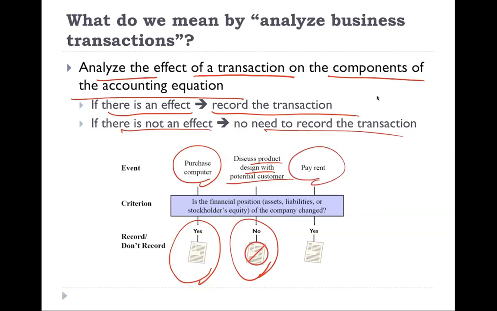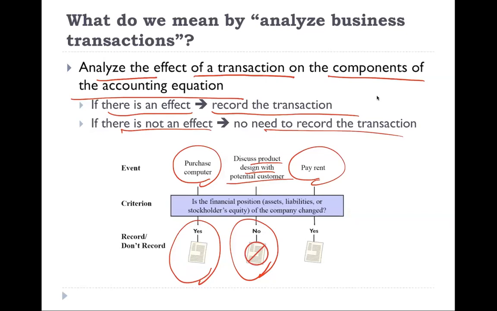Pay rent. If the firm pays rent, the firm's liability may decrease, and the firm is paying out cash, for example, so cash decreases as well. So it decreases the firm's assets. At the same time, it decreases the firm's liability as well.